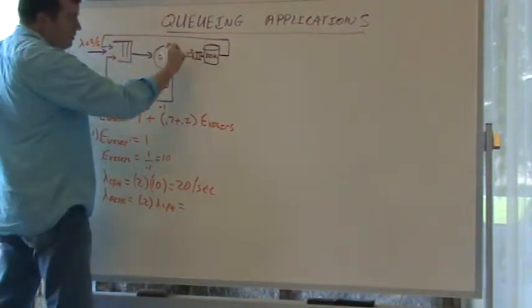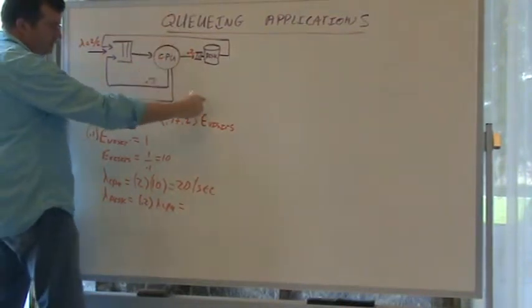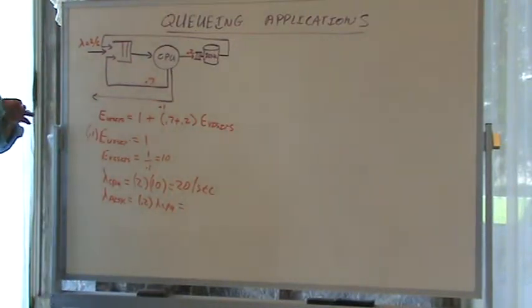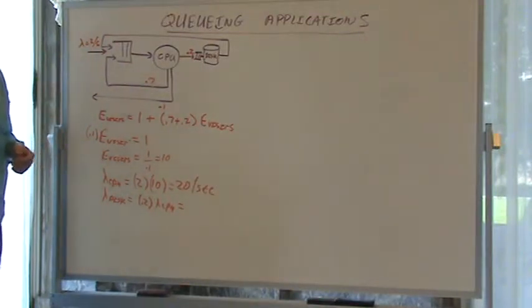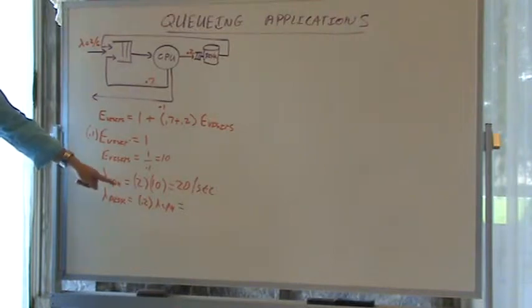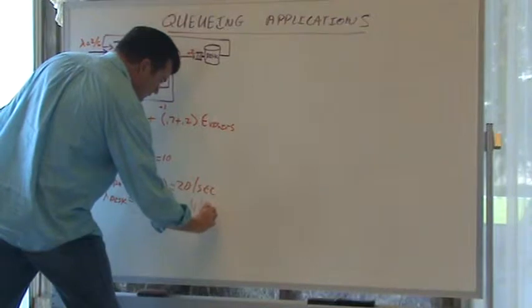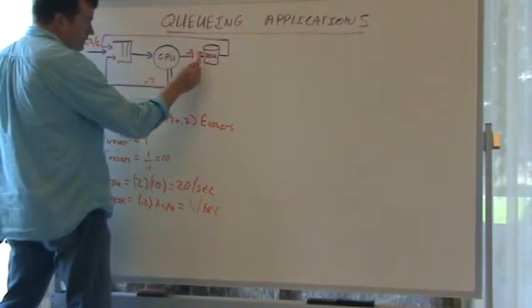If it fed more things with different percentages, you would just take the rate into this device times the percentage that go into another device. And if that accumulated with other queues, like the example we went over 2 classes back, where you have 3 different things feeding a queue, you just add them up to get the total rate into the queue. So this would be 20% of 20 per second. That would be 4 per second. So the rate into the disk drive is 4 per second.